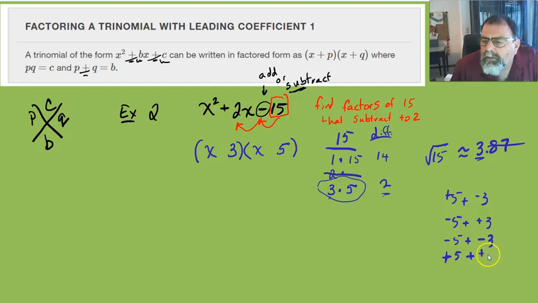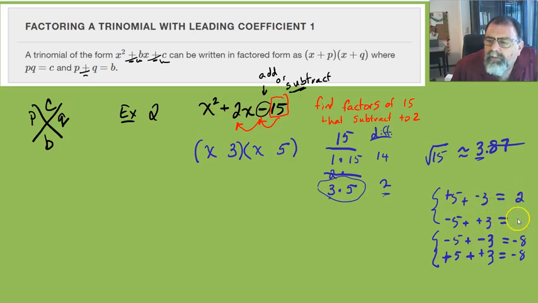The rules for adding positive and negative numbers: if the signs are both the same, you add the numbers. So 5 plus 3 is 8, and then you keep the sign, so that would be negative 8. If the signs are different, you subtract the numbers. 5 minus 3 is 2, and you take the sign of the larger absolute value.